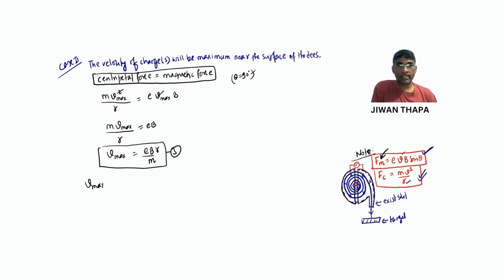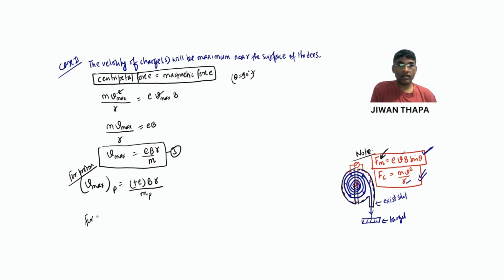So the maximum velocity for the proton equals the charge on the proton, e, and the magnetic field B, and R is the radius of the largest circular path, or approximately the radius of the dees, divided by the mass of the proton. Let us call it equation 3.